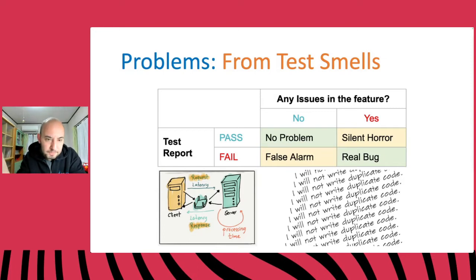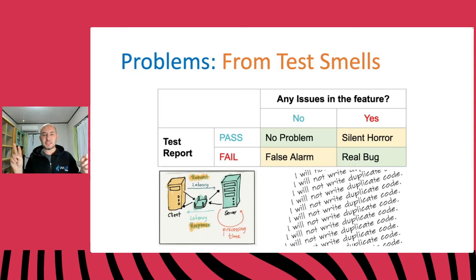On the other hand, if the test case is passing, which means it does not report a failure, but there is a bug in the feature, it means the test case is not capable of finding the bug because it's not reporting anything, it is just passing. But there is an issue in the feature. So it's a silent horror case.